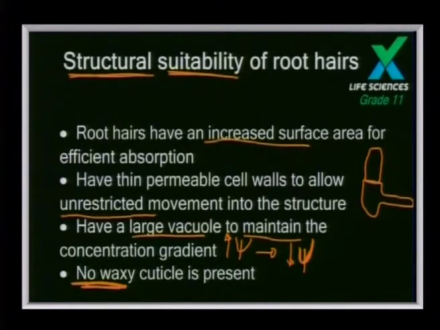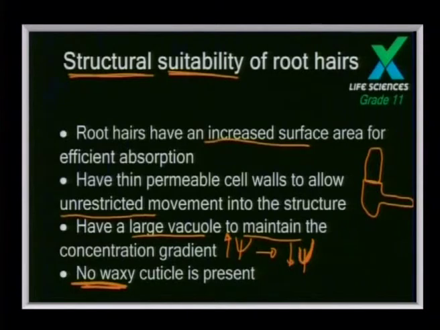I'm not going to write this out. We just go back to our slide. It says root hairs have an increased surface area for efficient absorption. They have a thin permeable cell wall to allow unrestricted movement into the structure. They have a large vacuole to maintain the concentration gradient from a high to a low. And then they have no waxy cuticle.